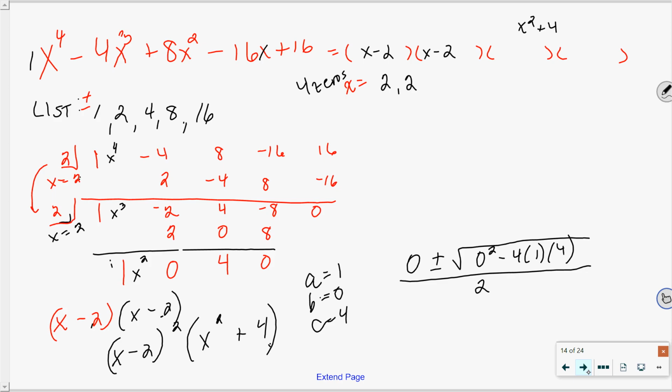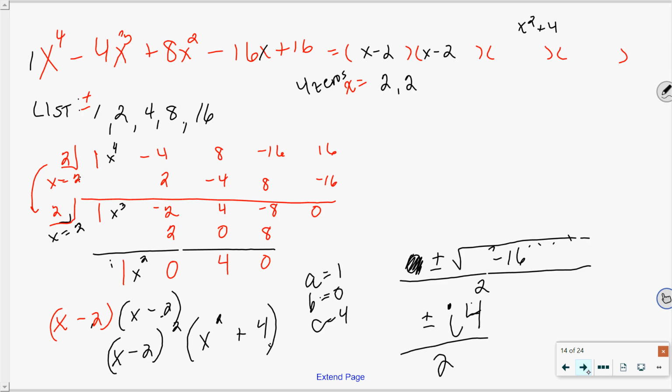This first 0 doesn't really mean anything. Underneath the radical, it simplifies to negative 16. What happens when I have a negative under a radical? Right? Hannah's over here saying an I. Trent, what's the square root of 16? 4.